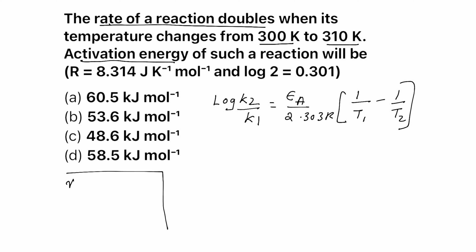As per the question, what is the new rate? The new rate is 2 times the original rate when you increase the temperature from 300 Kelvin to 310 Kelvin. So remember, the new rate constant will be equal to 2 times the initial rate constant. Hope you understand. So assume in the question, if they say the rate of reaction triples, so k2 will be 3k1. Like that you have to understand. So it's easy.